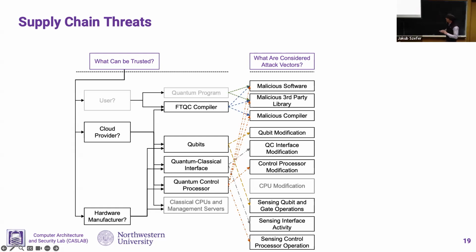And again, these are really at manufacturing time, or when the quantum computer provider integrates the qubit. So hopefully, although it's a little bit busy, this explains the different attack vectors.